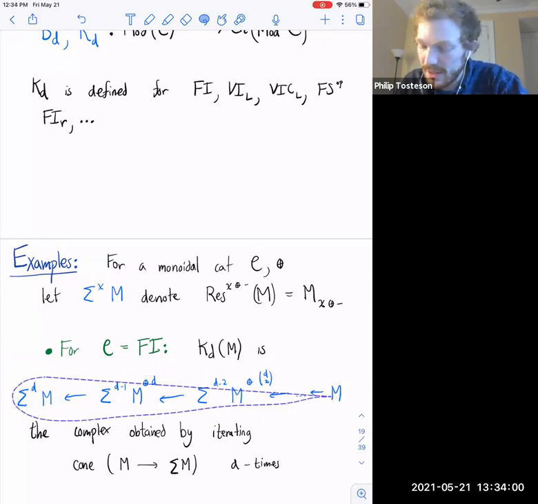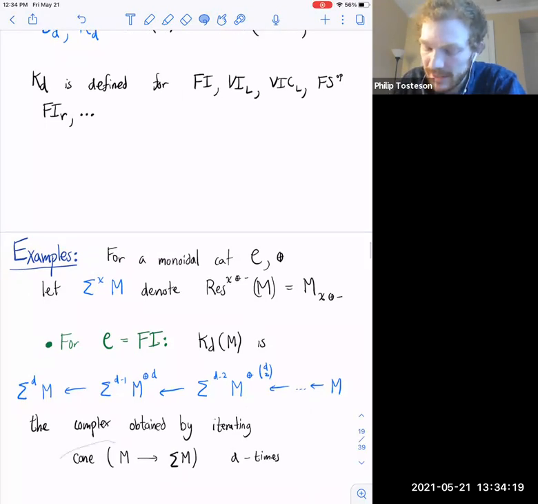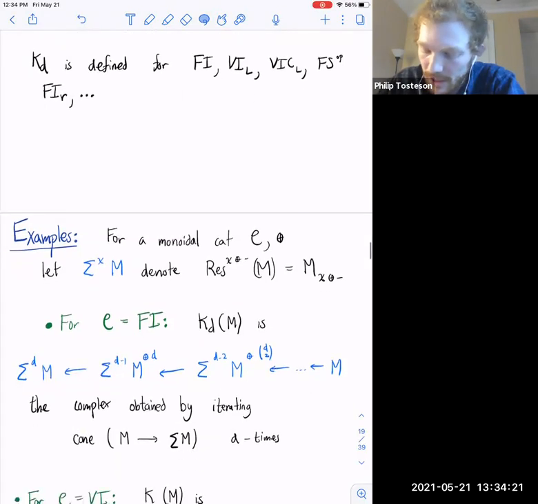It takes this form. It's the complex that you get by considering the map from M to sigma of M, and taking the cone D times. So as opposed to an FI module homology complex, it's going to be just a finite complex, but it's closely related to FI module homology.